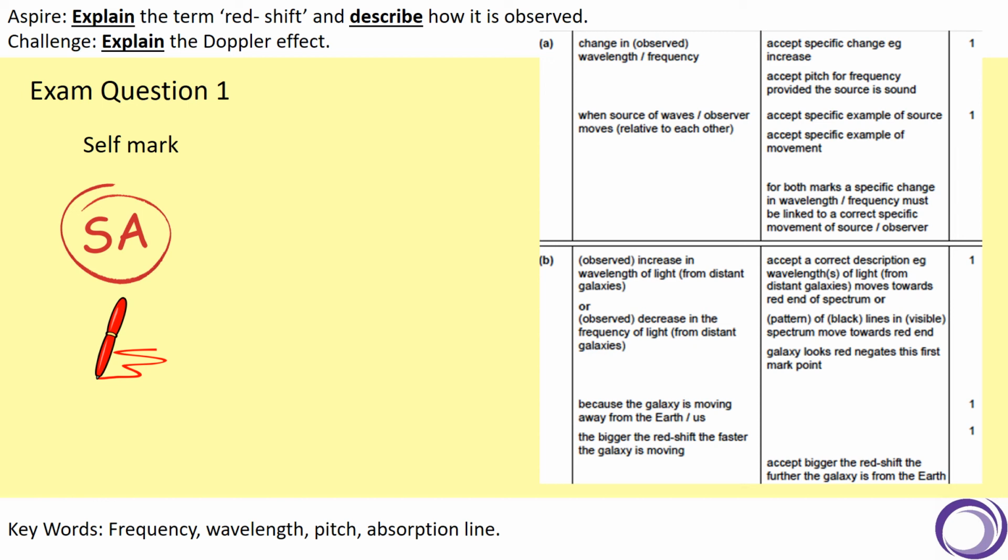We'll do a little bit more about the last point on part B in the last lesson on the space physics topic. So the bigger the red shift, the further the galaxy is from Earth. This is evidence that leads to the theory of the Big Bang. So we'll be looking at that in a lot more detail in the last lesson.